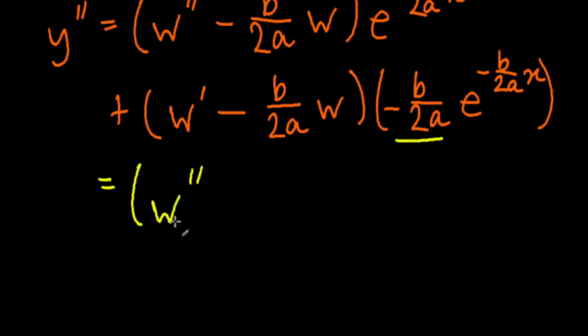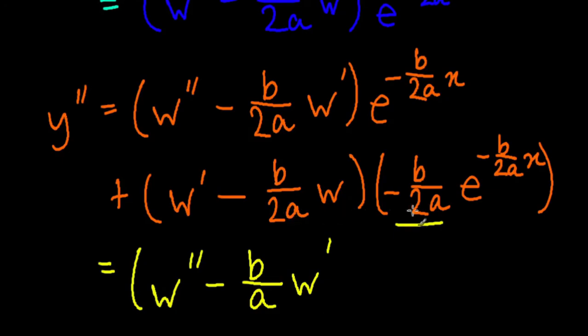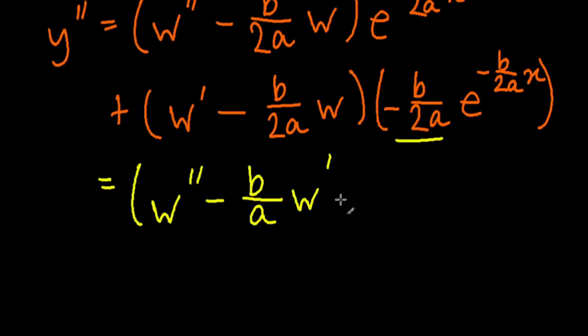So negative b by a, w prime. And with w, what we have is b squared divided by 4a squared, plus b squared divided by 4a squared, so minus plus, so b squared. Multiply these things, basically this and this, so b squared divided by 4a squared, multiplied by w.